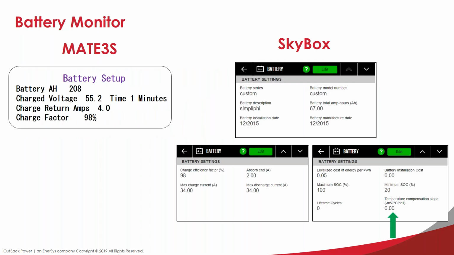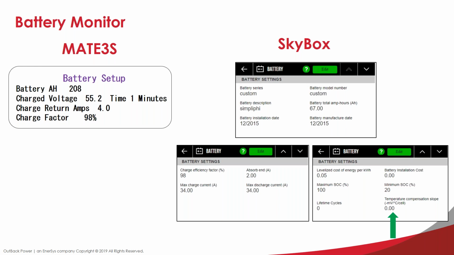Okay, moving on to our battery monitor setup. With the Mate 3S, it's pretty convenient. It's all located on one page. So we'll put in our battery amp hours. That's just the nominal amp hours that you get from the battery manufacturer's specification sheet.